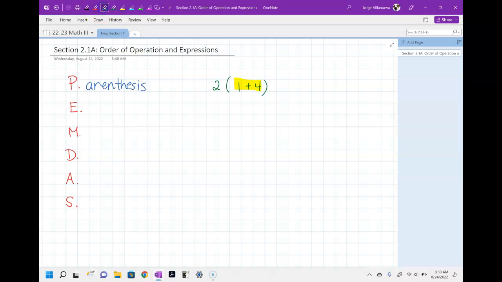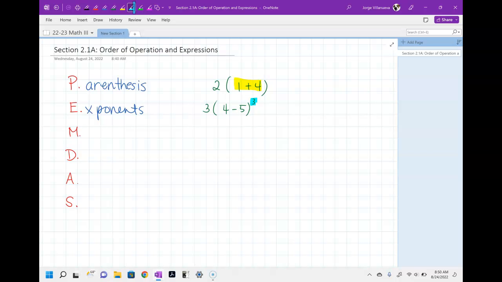Okay, next thing is going to be exponents. Exponents are basically powers, right? That's another word for them. So if you have something like 3 times 4 minus 5 to the third power, you're going to want to do the parentheses first, then go to your exponent from there on.